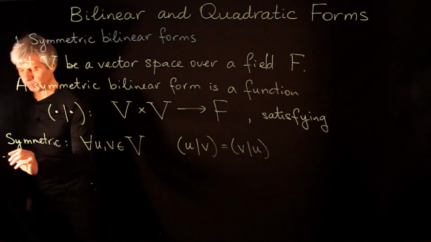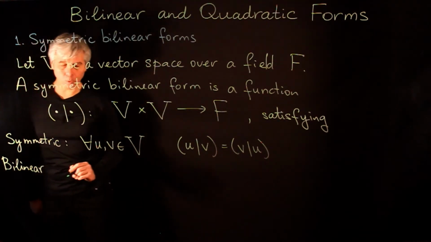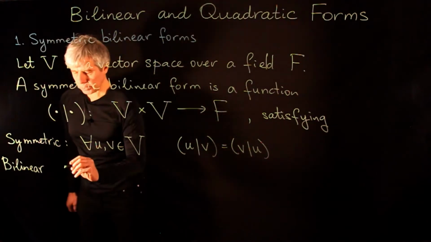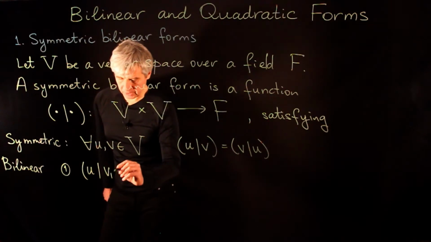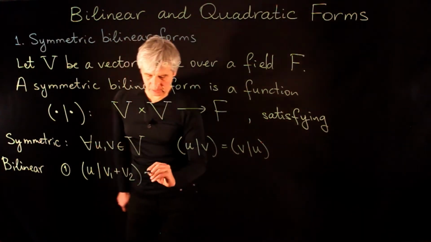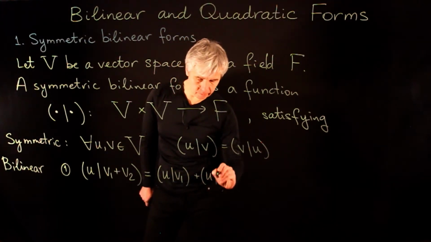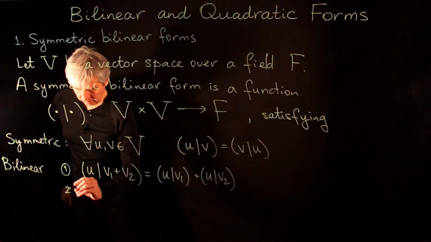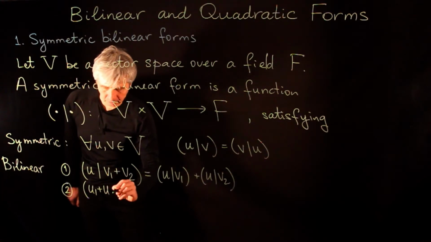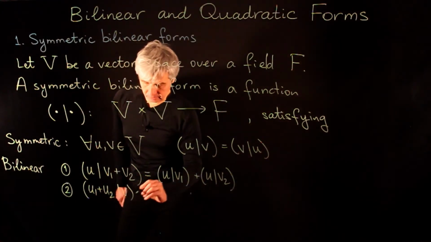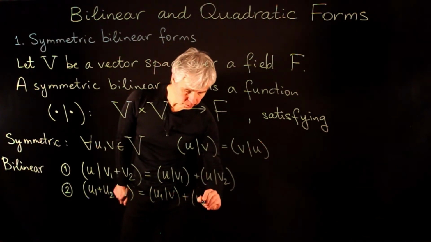And it's bilinear, which is a set of four familiar axioms. First, the value of u with v1 plus v2 is equal to u with v1 plus u with v2. Then, actually, by symmetry, we also conclude that this is true for the first argument. u1 plus u2 with v is equal to u1 with v plus u2 with v.